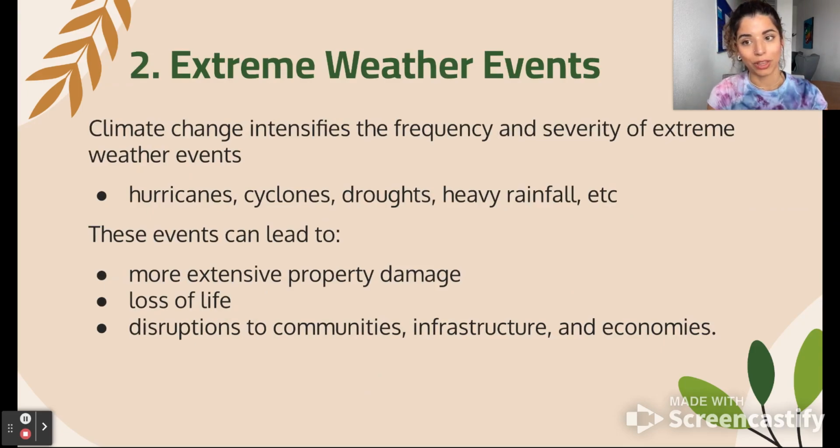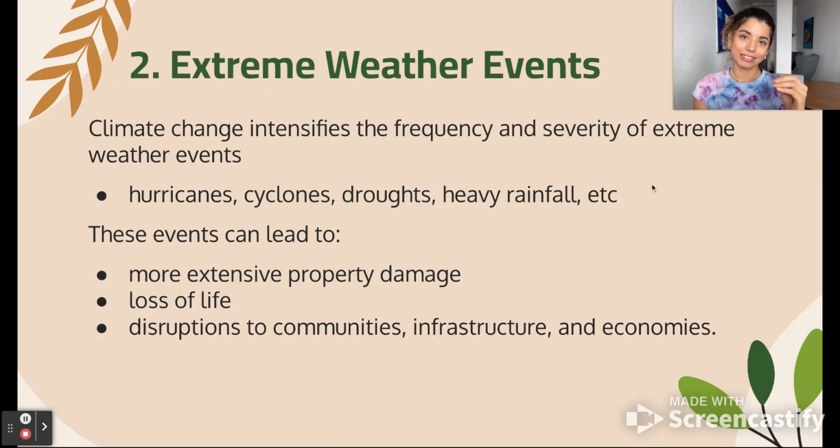Next, we have extreme weather events. So as climate change continues, the frequency and severity of extreme weather continues to increase, right? This can take many forms. These are just a few of the notable ones here: hurricanes, cyclones, droughts, heavy rainfall, so many other ones, right?